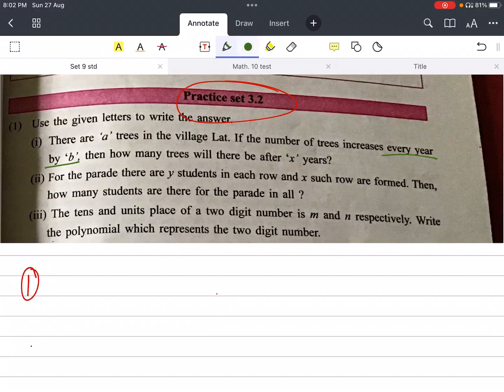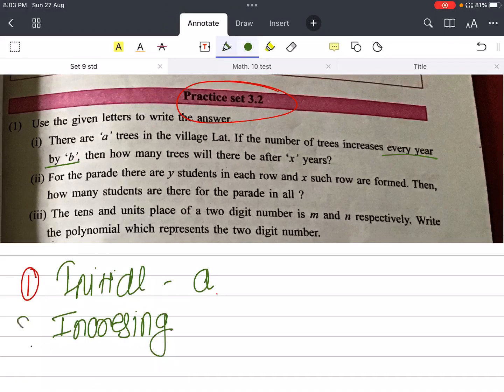Okay, so suppose there are eight trees initially. Let's assume it. Initially, eight trees are there, so initial trees say A. The second condition is that the number of trees increases every year by B. So let's assume the increasing number of trees as B. Clear?